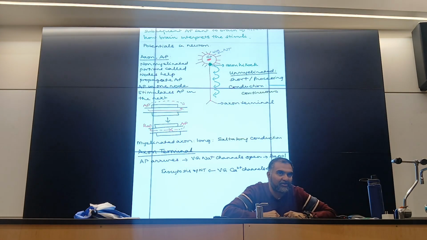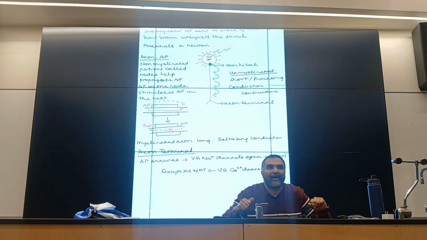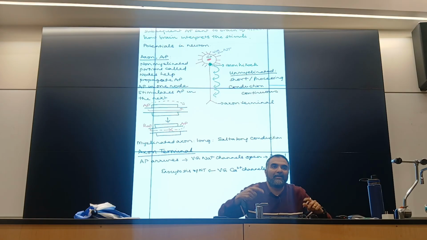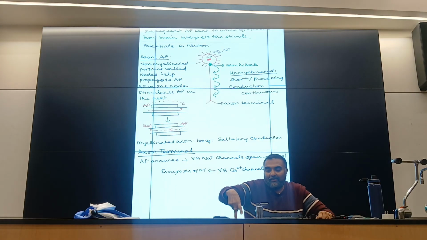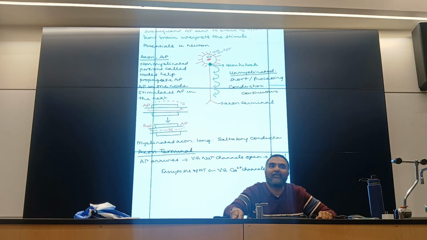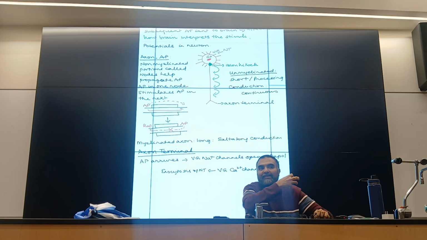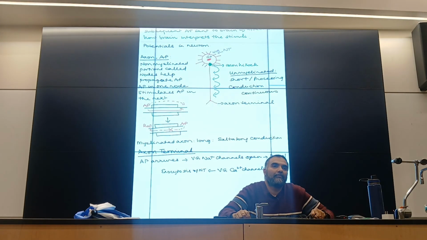So it's not really like a train. For a train, the track doesn't move, but in the cell, it's the track that moves, not the vesicle. A lot of animations will show you that the vesicle's walking. That's not possible. Where is it getting the energy to do that? The cytoskeleton moves. And then the release of those vesicles is predetermined by the frequency of the action potential.